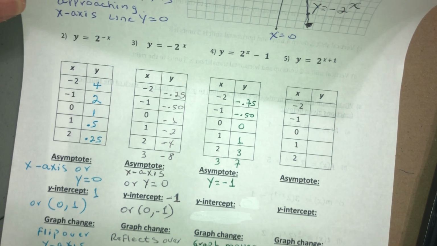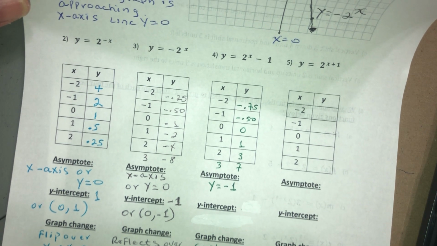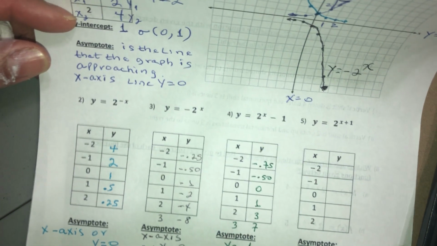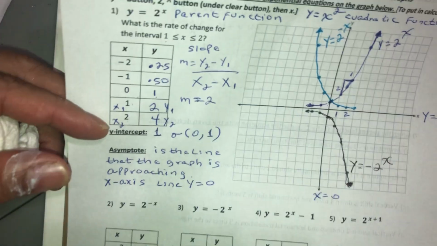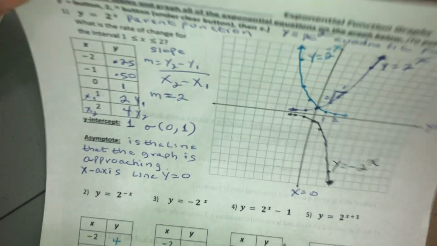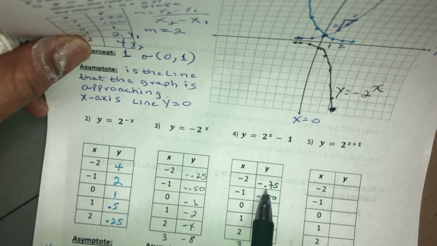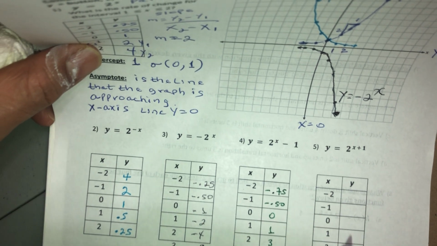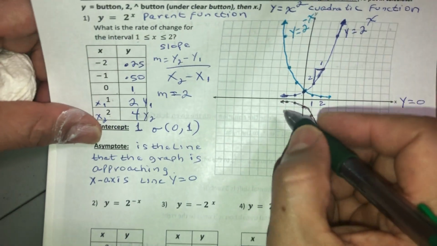Let this part dry so I can write the numbers and we can finish the problem. Let's graph, then we'll come back to write the y-intercept. When x is -2, y is -0.75, which is close to -1. So that has to be right here, guys.